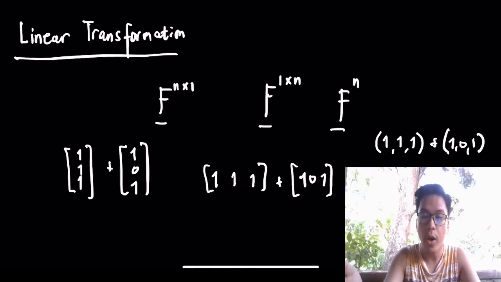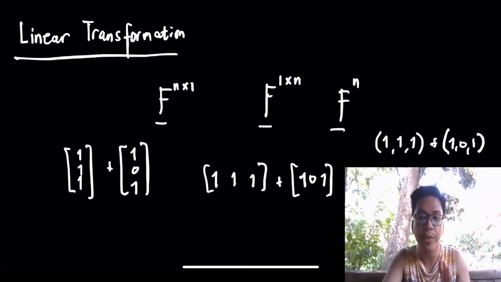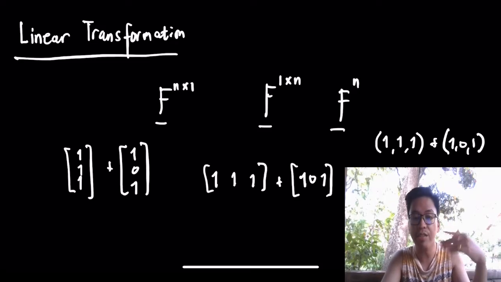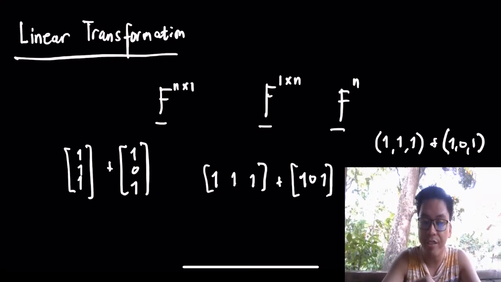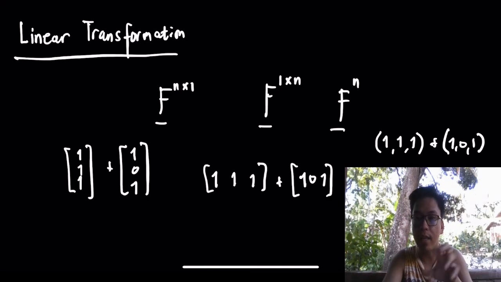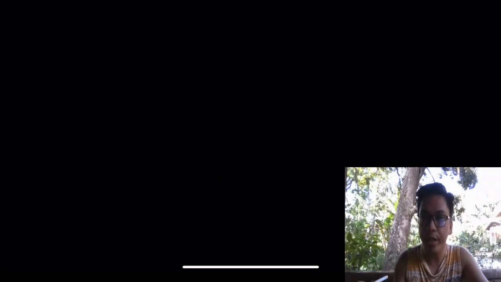Observe that they're not actually in the same vector spaces, but they behave in the same way because these three spaces are what we call isomorphic vector spaces. In math, when we talk about isomorphism, we often treat these vector spaces as one and the same. But before talking about isomorphic vector spaces, we will have to start first with the concept of the linear transformation, which is the point of our video here.